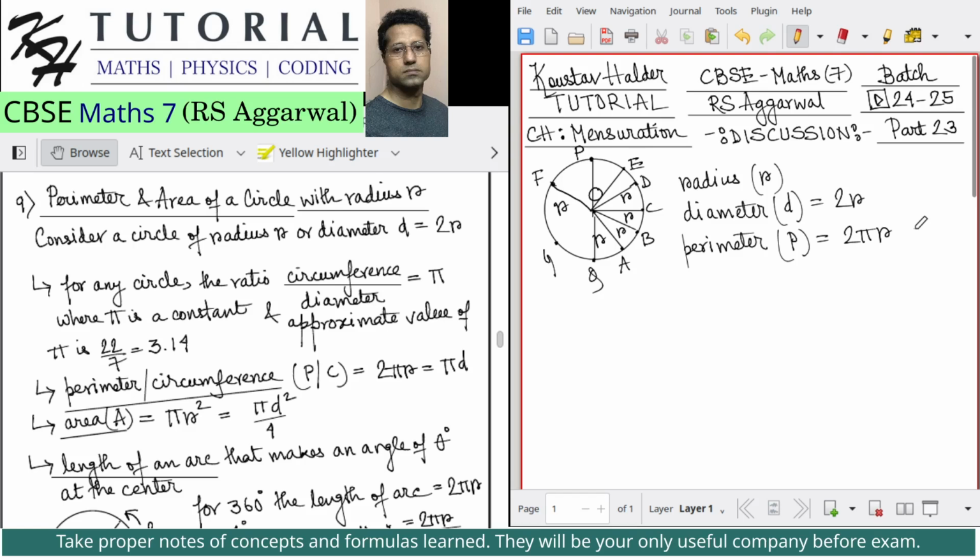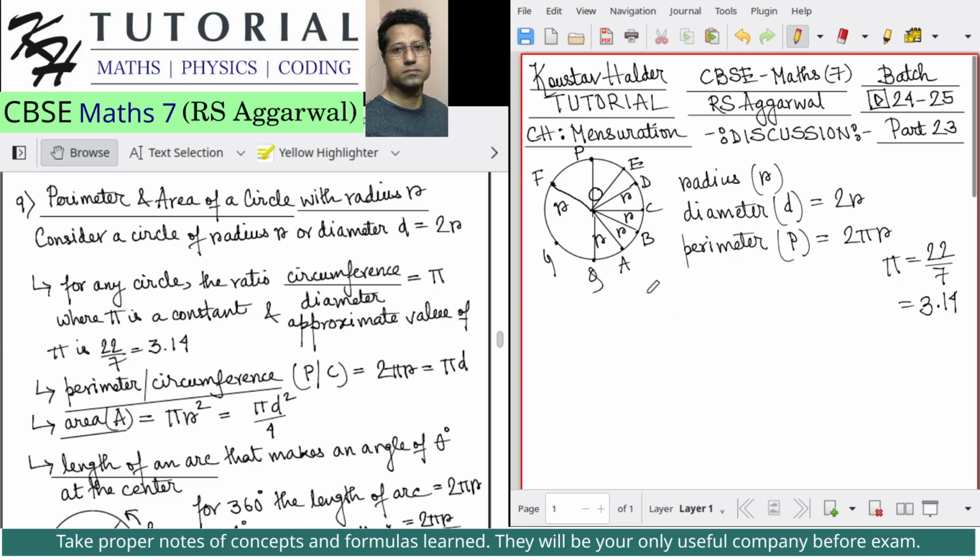Where did this formula come from, that perimeter P is equal to 2 into pi into r? Pi is a constant whose approximate value is 22 by 7, which in decimal format is 3.14.